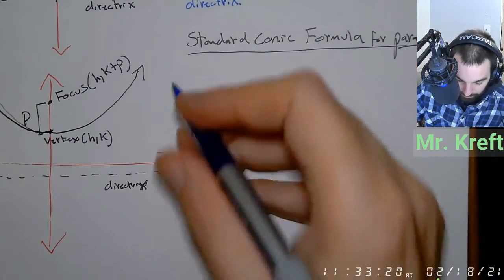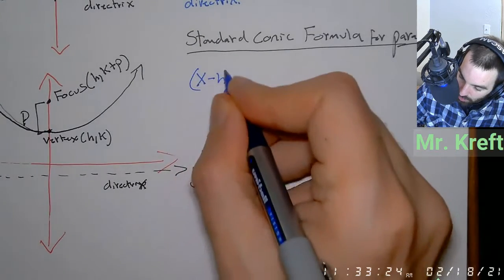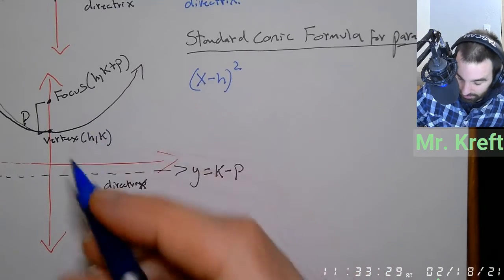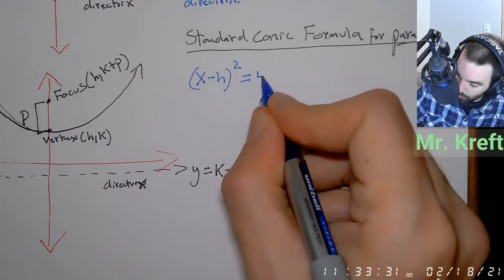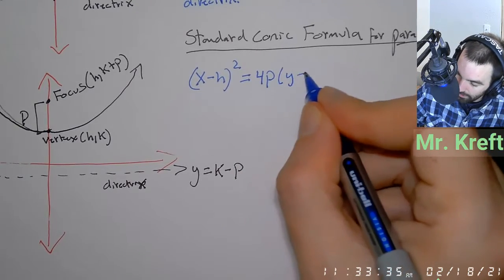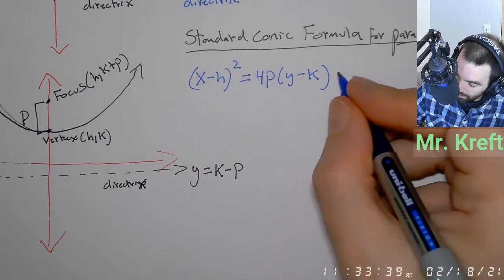So these equations are, we have (x minus h) quantity squared. If the x is squared, it looks like this: equals 4p times (y minus k). Okay.